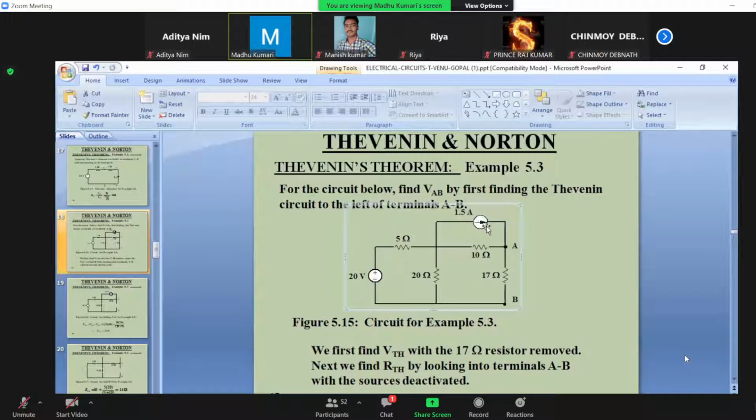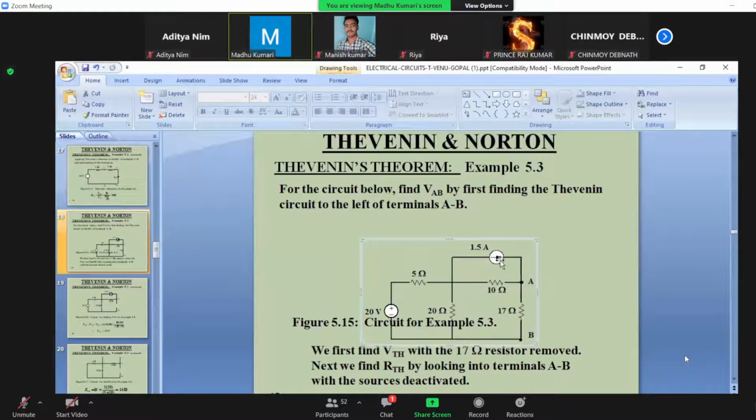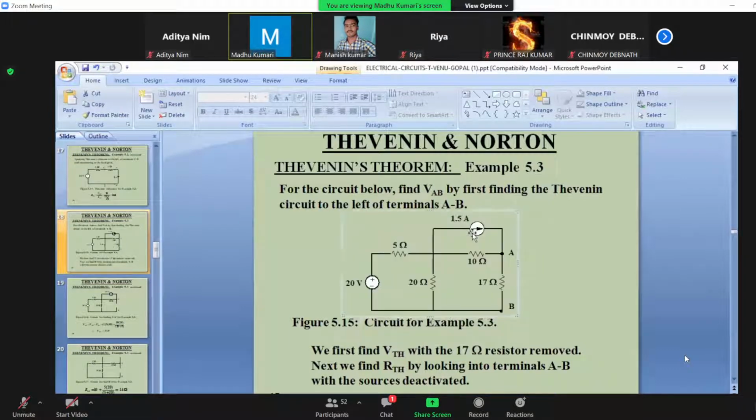And you have to find out the current, voltage and power across A and B. Please calculate it and tell me. The problem is this: for this circuit, you have to calculate the voltage, current and power across the 17 ohm resistance, or terminal A and B.